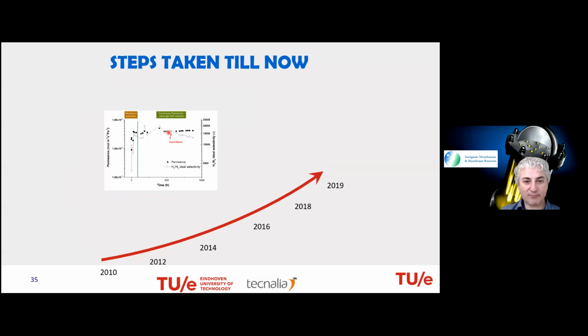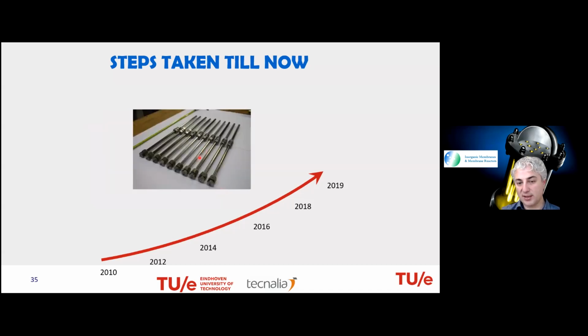Anyway, we reached a lot of hours, almost 1,000 hours, with very high selectivity, so we could use the hydrogen directly in the fuel cell. Then we did a Pullman scale up, so we needed longer membranes.